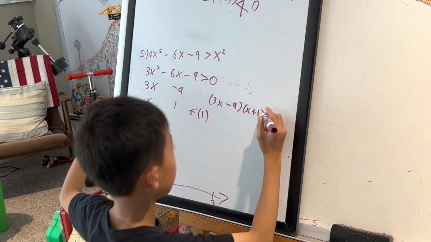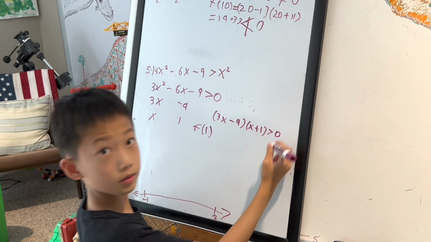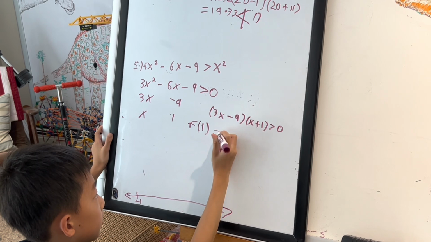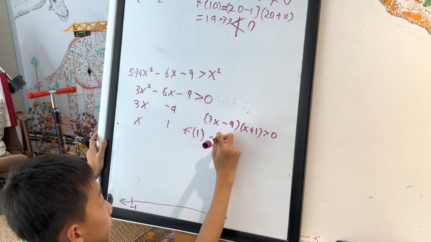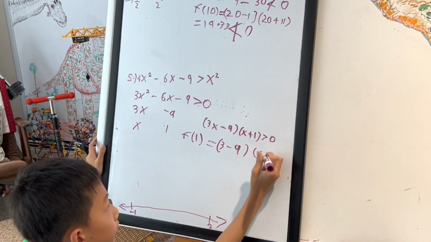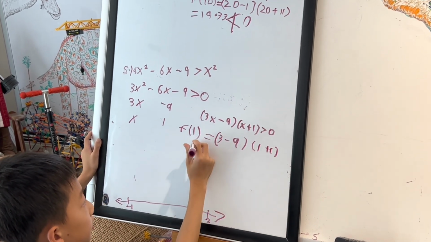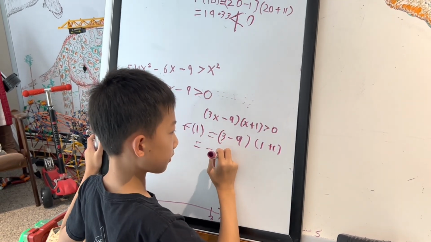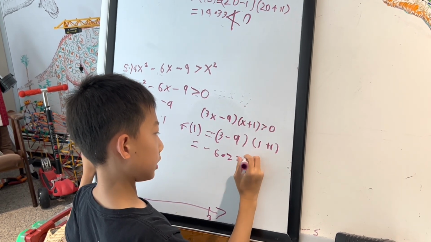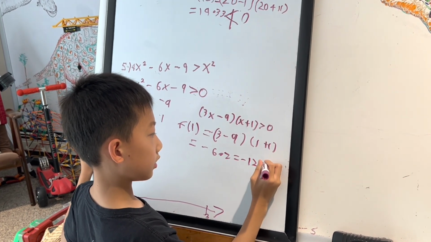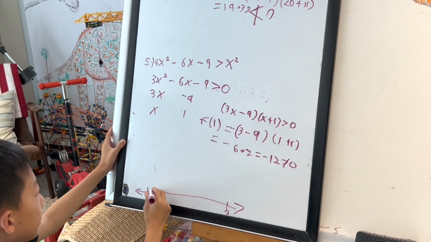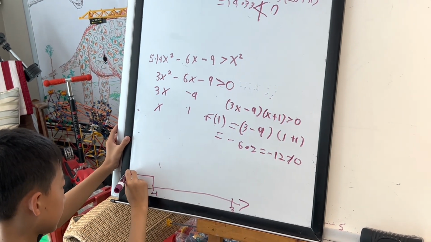Has to be greater than 0. So that's equal to 3 minus 9 and 1 plus 1, because negative 6 times 2 equals negative 12. Is that greater than 0? Nope. That means it has to be like this.